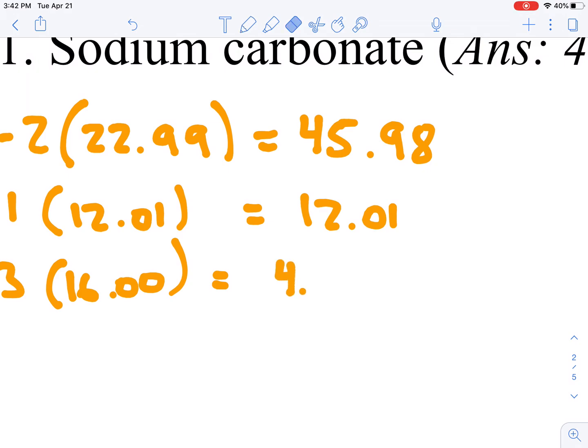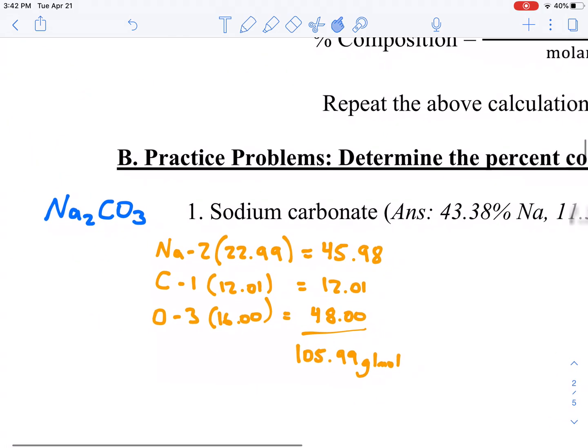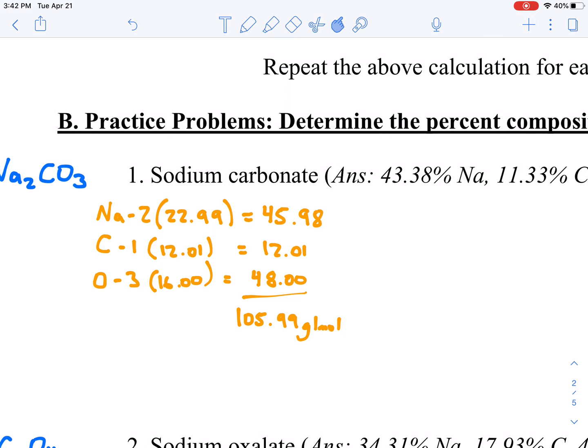We can then add those together and we'll get a total mass of 105.99 grams per mole. And so in percent composition, what we want to do is figure out what percentage of that mass is sodium, what percentage of that mass is carbon, and what percentage of that mass is oxygen.